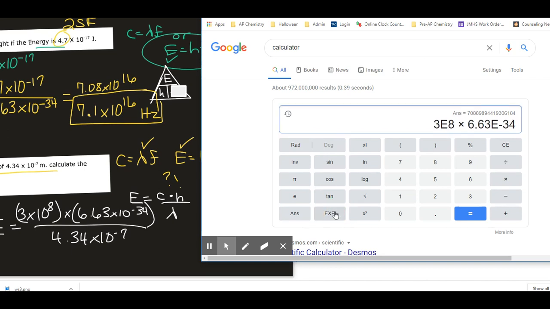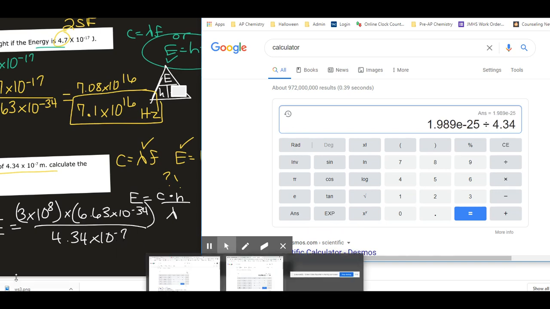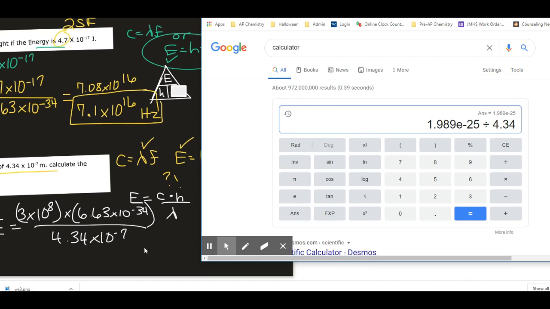And at this point, I would push equals. So what we just did is we took care of that whole top line. Now I'm going to divide by the bottom line. So divide by 4.34 E negative 7. We're going to push equals again.